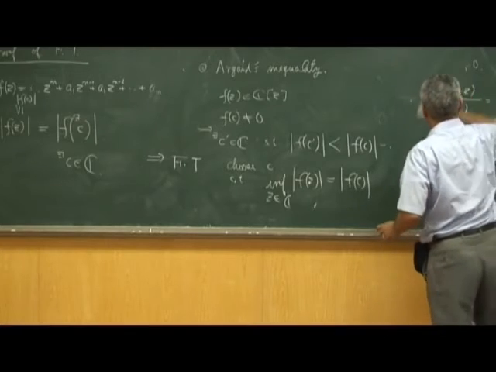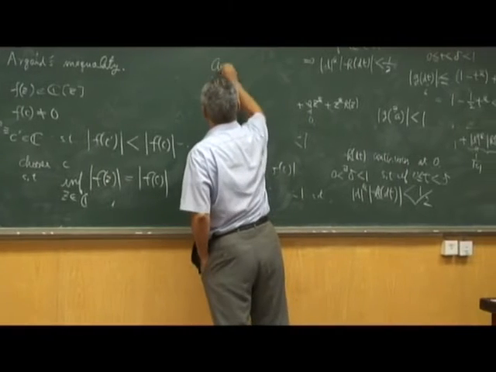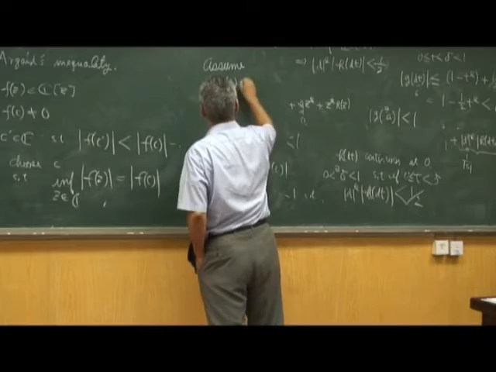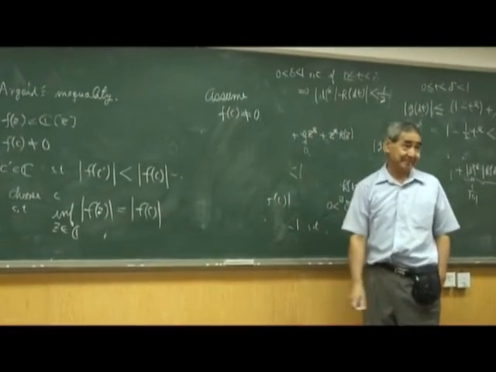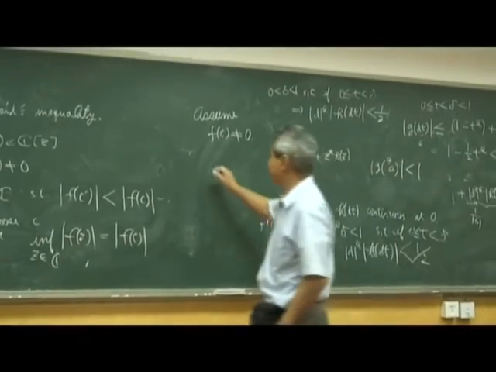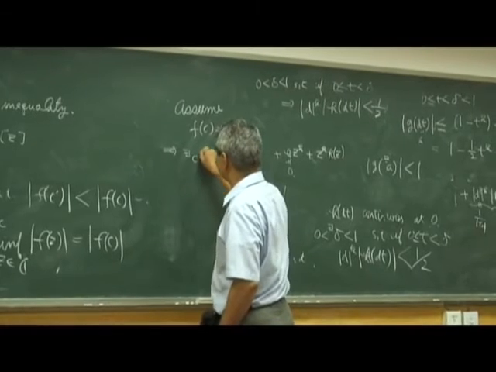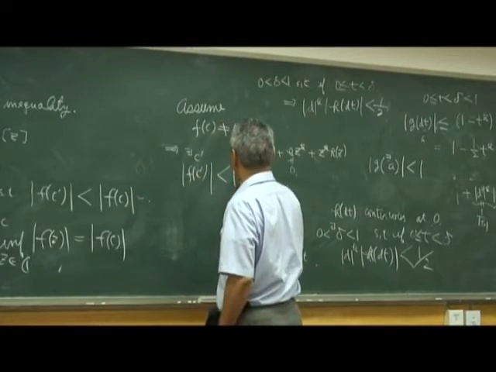And assume fc is not zero. Then, from what I proved already, there exists c prime with Fc prime strictly less than Fc.